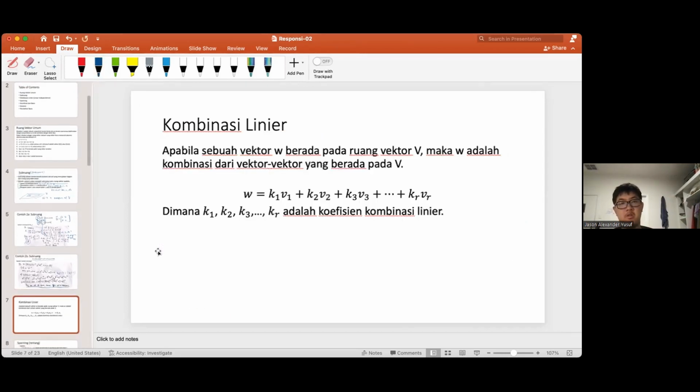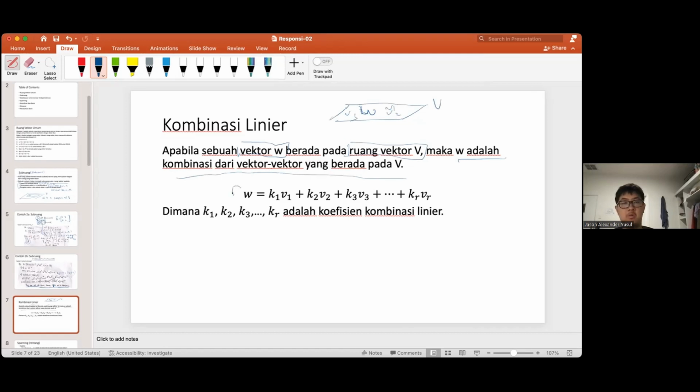Okay, so next would be another concept called linear combination. And this is quite a simple concept. So basically, if we have a vector W in a vector space V, so let's say this is a space V and W is in here, then W should be a combination of the vectors that are in V. So let's say this is V1, V2, V3.